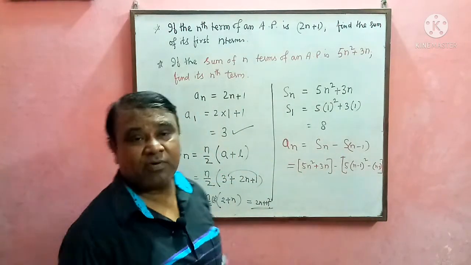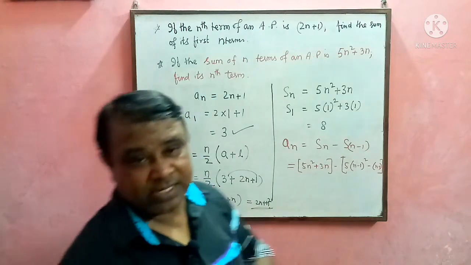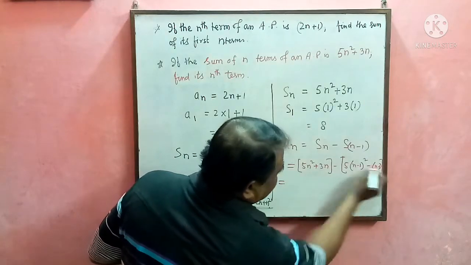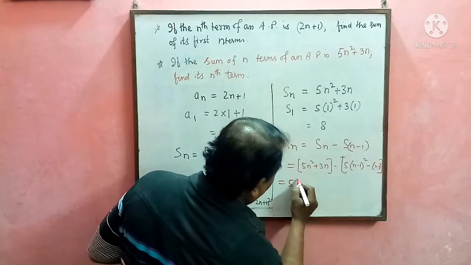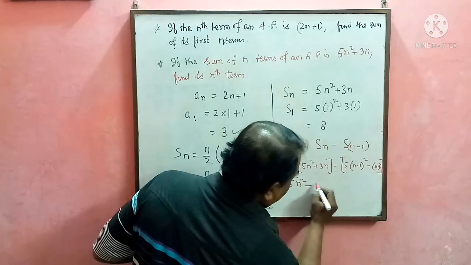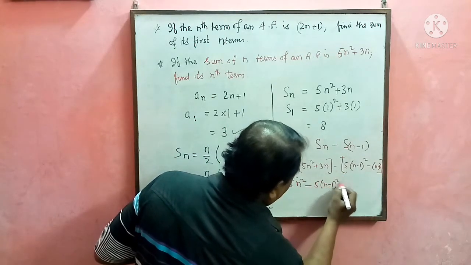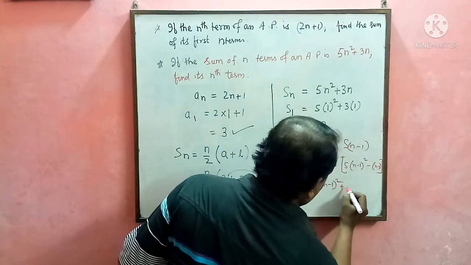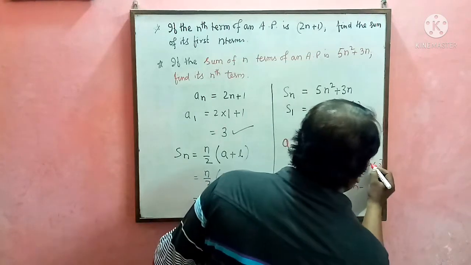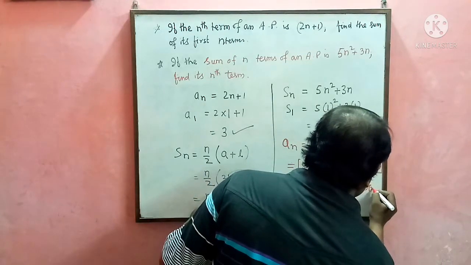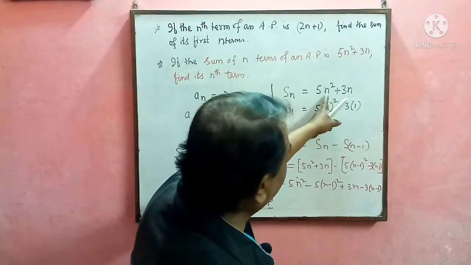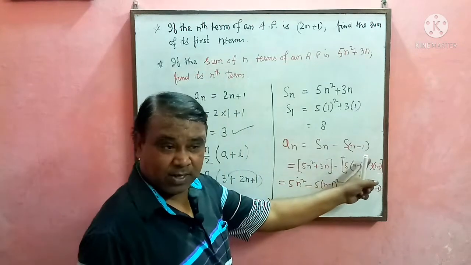For the sake of manipulation, to make it easy, you open this bracket and write 5 common: this is n² minus 5(n−1)², and this is 3n minus 3(n−1). I have put n−1 in place of n to get S(n−1).